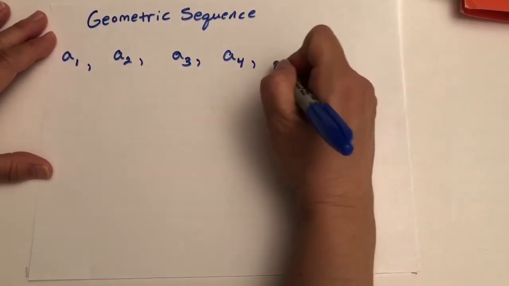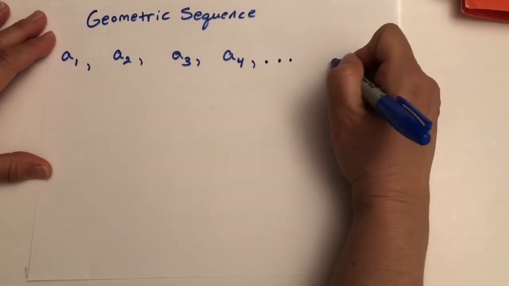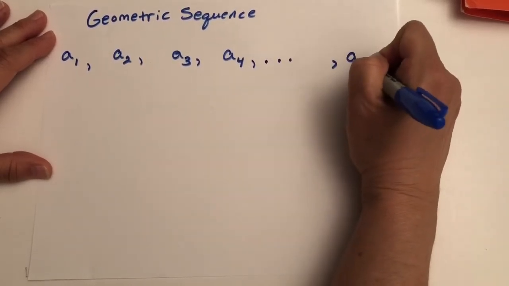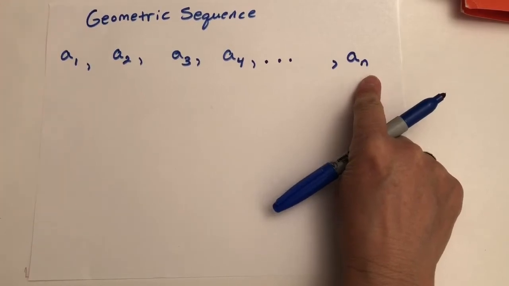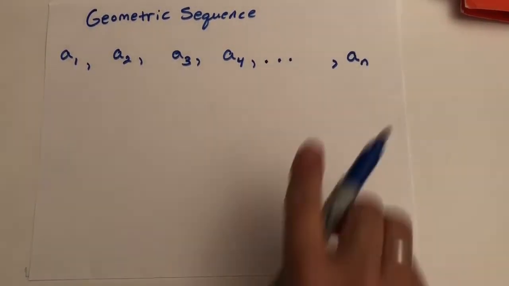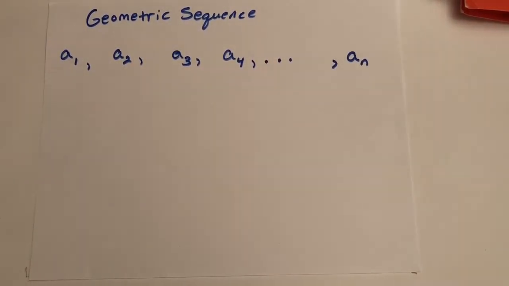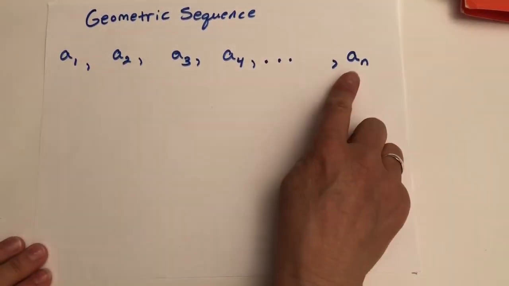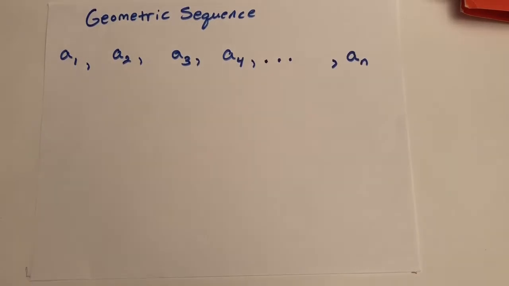And we should get to the nth term, just a generic term out here. Let's talk about generating a formula for the nth term of a geometric sequence in the same way that we have a formula for the nth term of an arithmetic sequence.